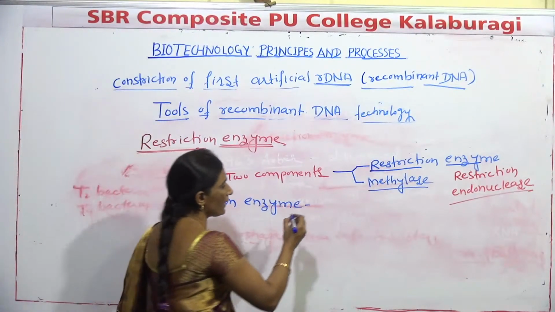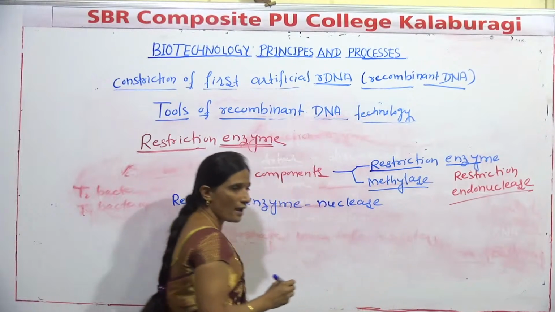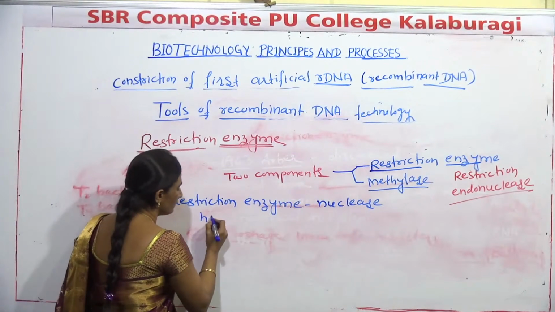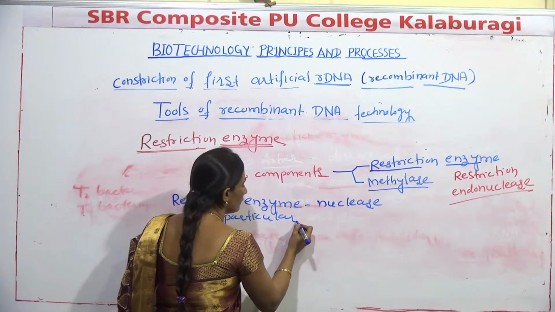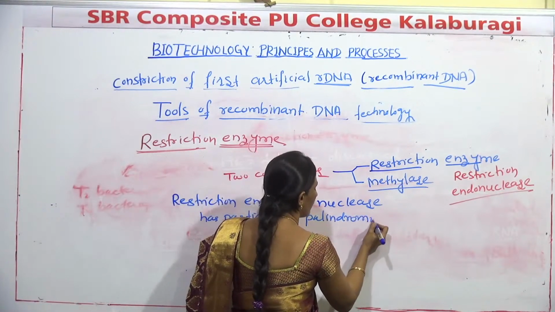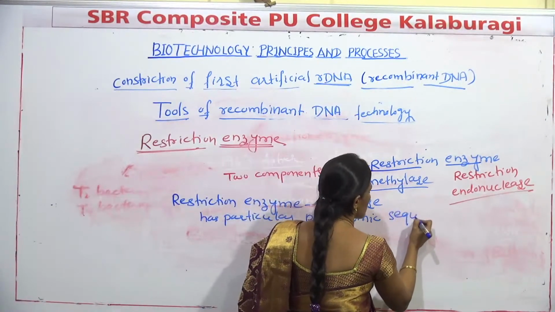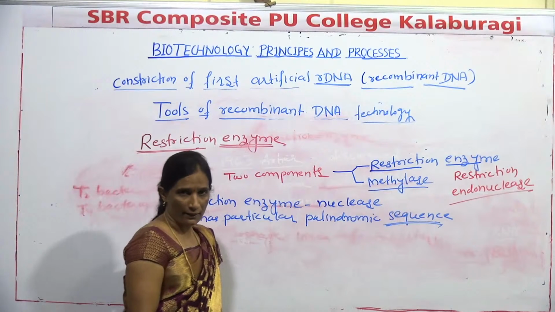Restriction enzyme is a nuclease. It has a particular palindromic sequence.